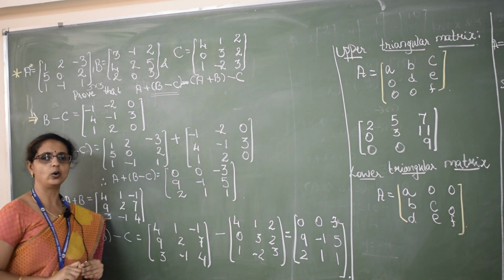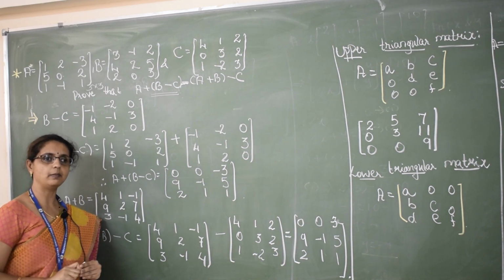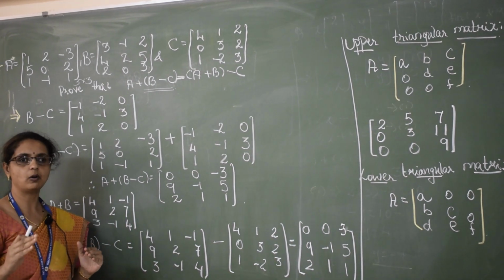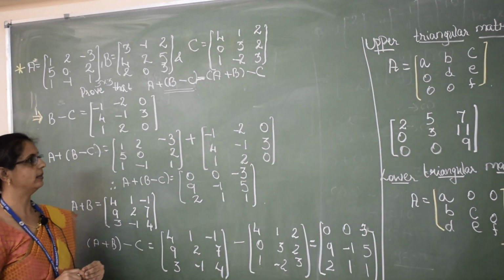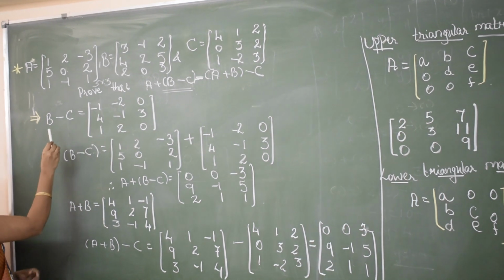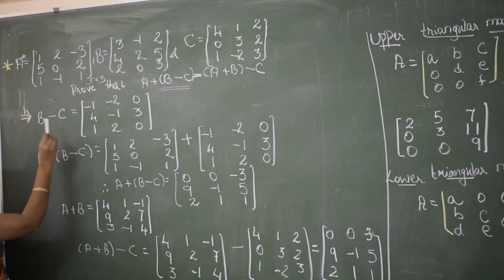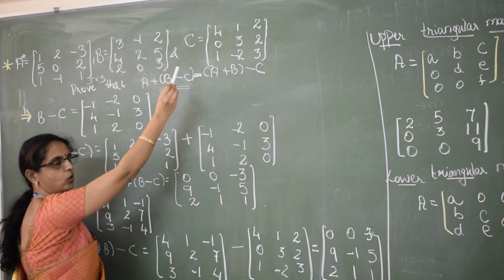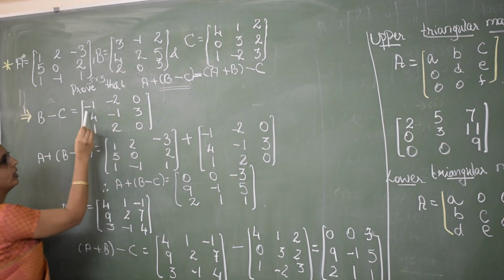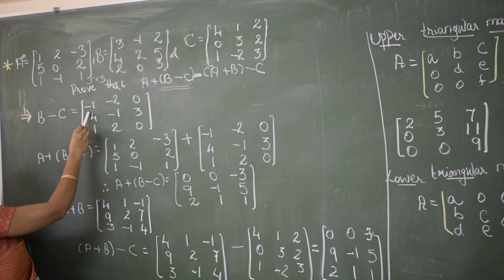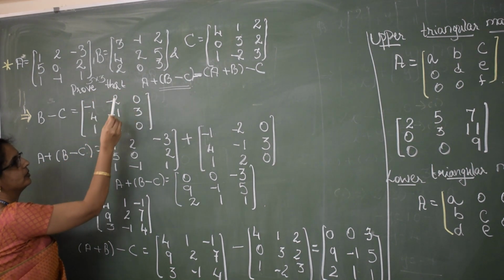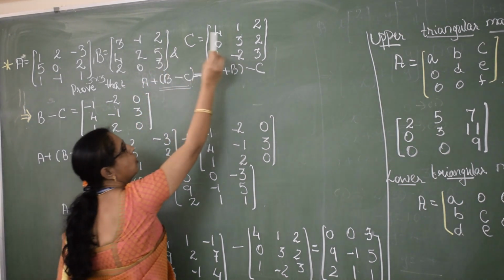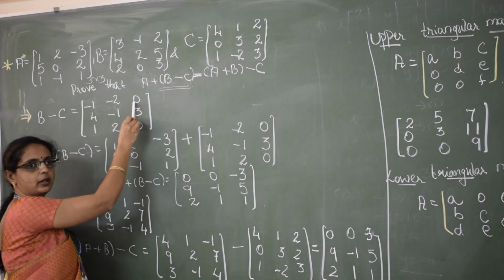We are going to subtract the corresponding elements of matrix C from the corresponding elements of matrix B. So B minus C, just concentrate thoroughly. 3, the corresponding element is 4. 3 minus 4 gives us minus 1. Minus 1 gives us minus 2. On the same basis, 2 minus 2 is nothing but 0.